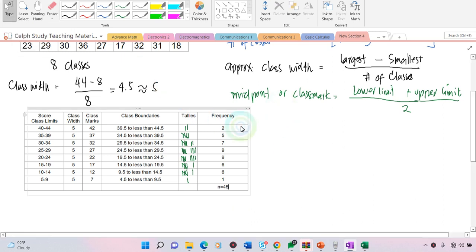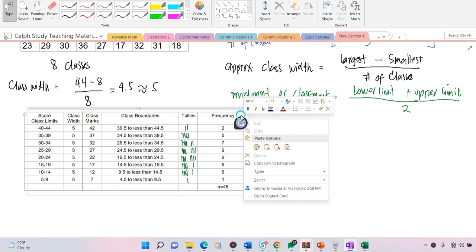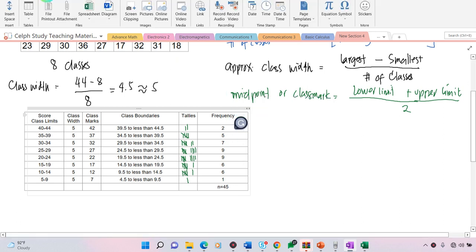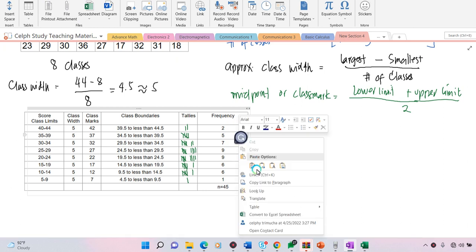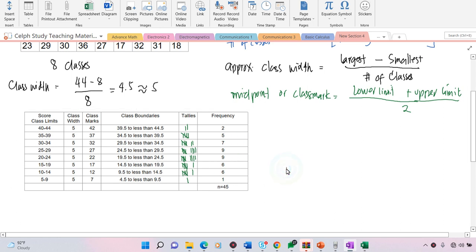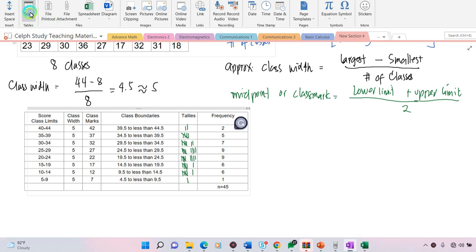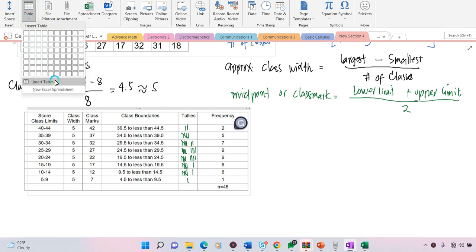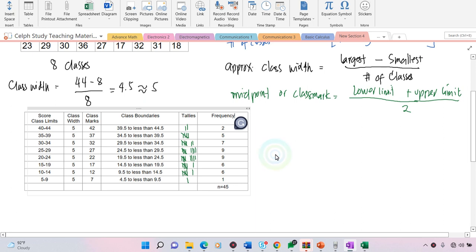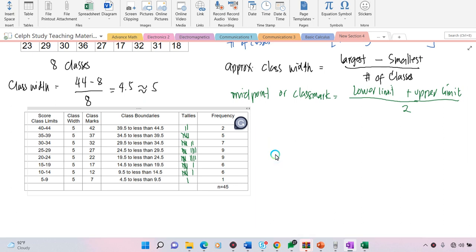So we add these values here. So we have your relative frequency and your percentage distribution of our numerical data.